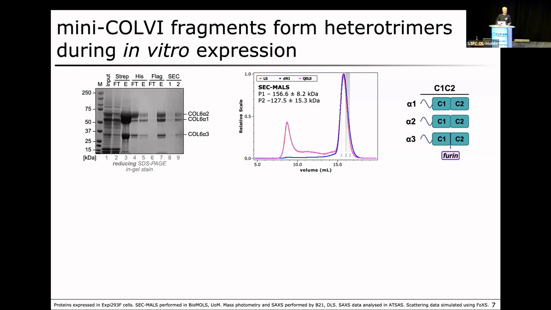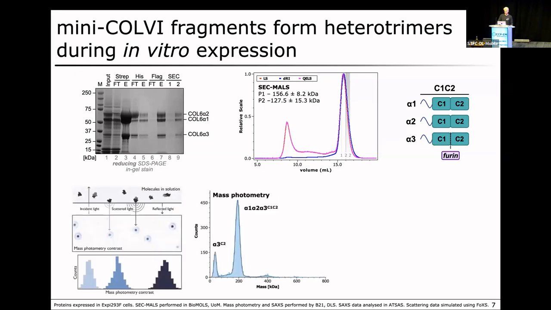And just to get like more of a sanity check for this, we then decided to do mass photometry. So given that it's a relatively new technique, just briefly the way it works, you essentially have a glass slide, you have light shining on it that gets reflected, and your sample goes on top.